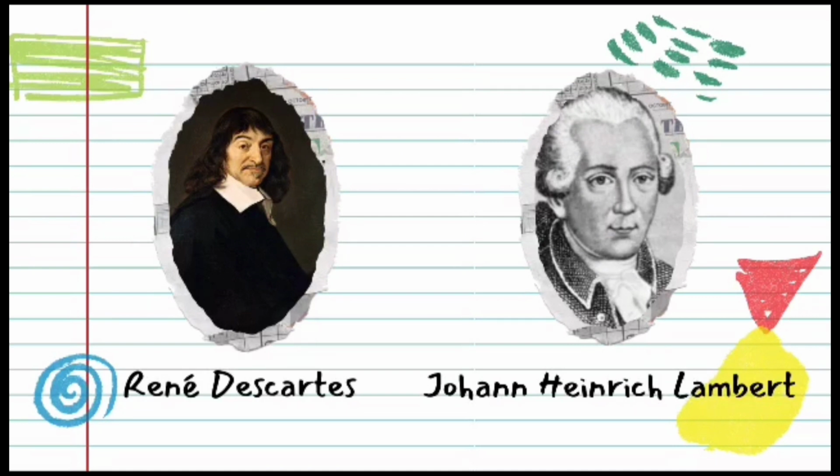Lambert, building upon Descartes' work, developed methods for representing mathematical functions graphically, including the use of line segments to connect discrete data points. So basically, the works of these two mathematicians serve as a path for graphs.